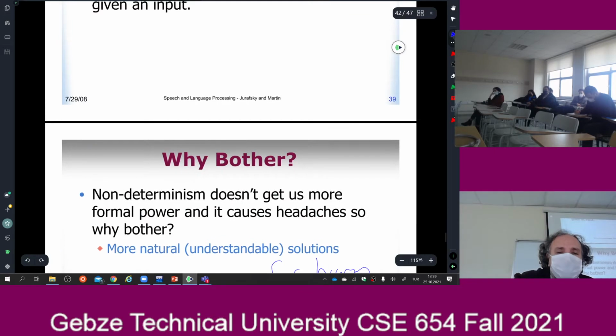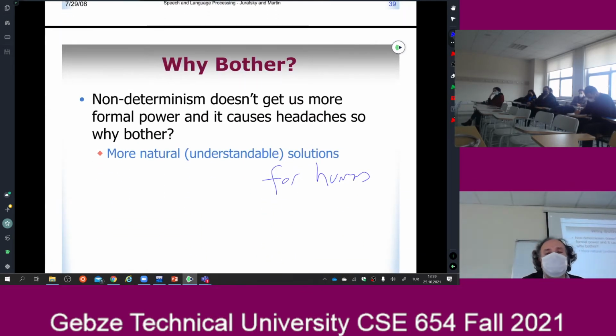It is easy to write, easy to see, easy to recognize for humans themselves. It is more natural, understandable solutions. But for the computers, it is the same thing. That's why most of the time, to run a non-deterministic finite state automata, we convert this automata to a deterministic one and run the deterministic finite state automata.